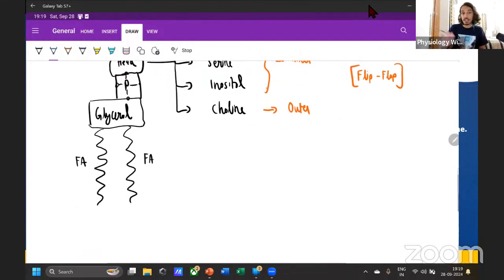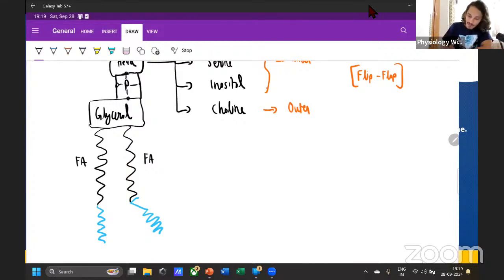So this fatty acid chain, based on the length of the fatty acid chain, one, and based on whether there are double bonds. When there are double bonds, it will start kinking and turning to one side like this. So the presence of double bonds is one thing, and the length is another.